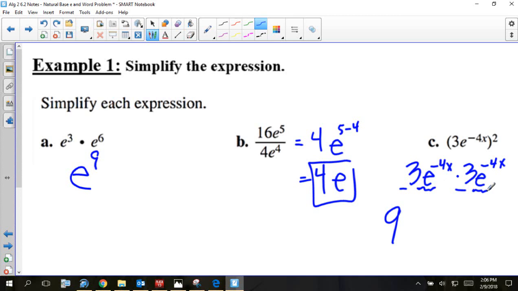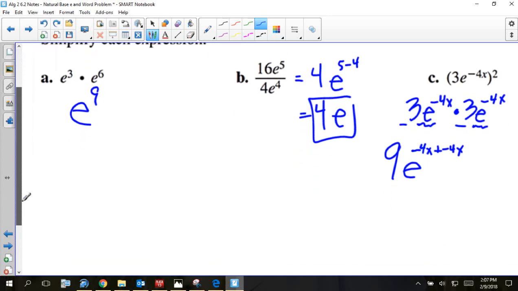When I have the same base, but I'm multiplying, what do I do? Add exponents, but what do I do to the base? Keep the same base, add my exponents, so I'm going to add negative 4x plus negative 4x. So negative 8x.